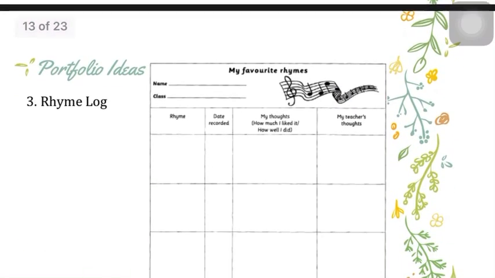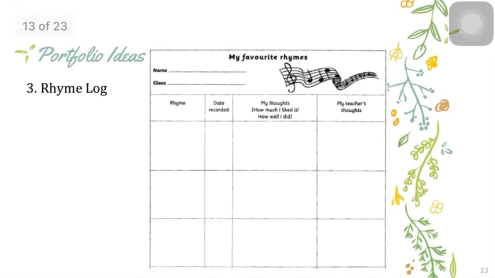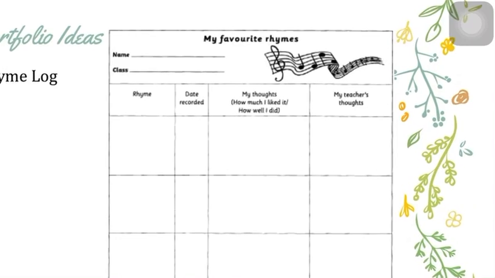And then the next one is the rhyme block. The rhyme block can be used with assessment songs. We can keep it in the portfolio for the children to record rhymes they have learned and may have recorded on tape. Like the title, my favorite rhyme.